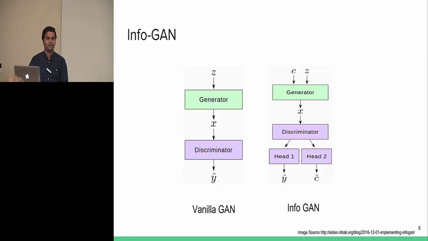But what does that have to do with C? So if you are reproducing C again at the discriminator, it's like a reverse of an autoencoder. What we are trying to do here is learn important features from the latent space, which are represented by C, while doing this generative process.